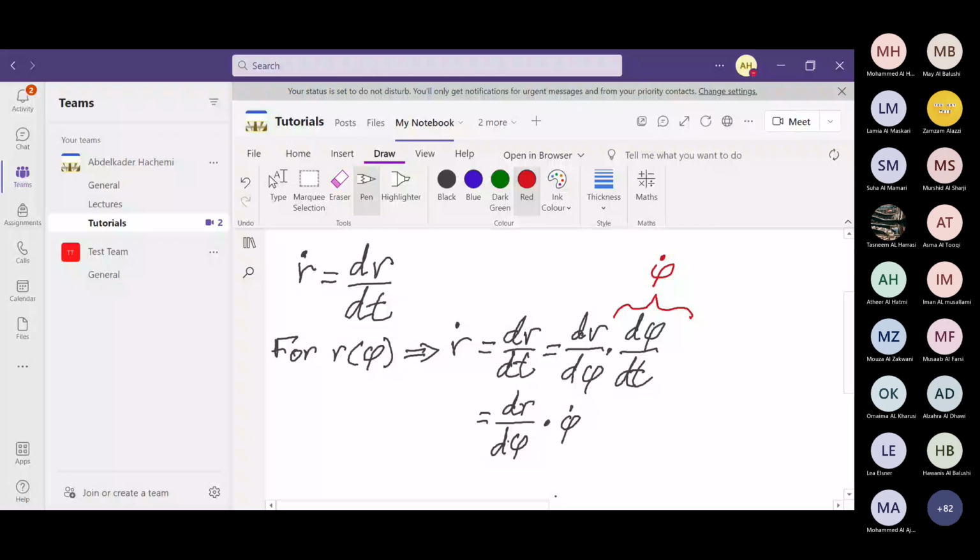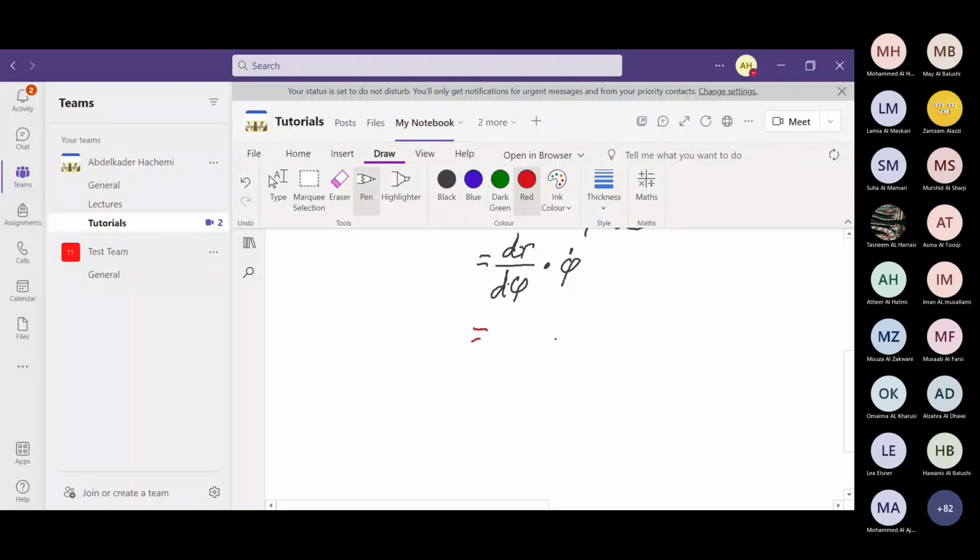And this can also be written as dr over dphi multiplied by omega, as we know that omega is only phi dot. This is what we call the angular velocity, which in our case is along the z direction.